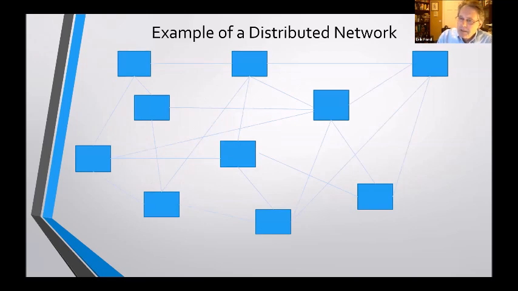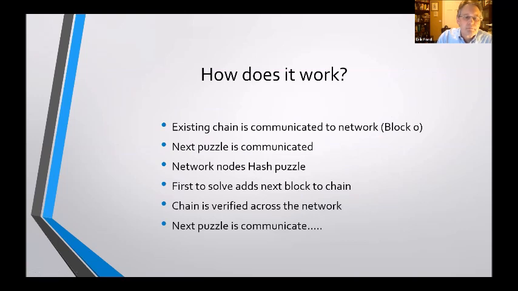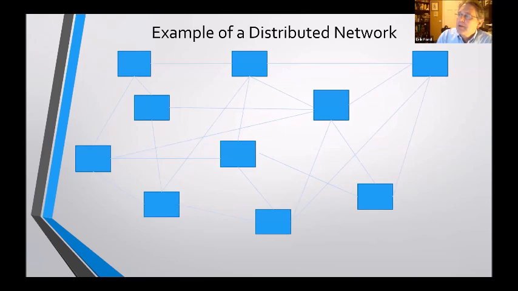So this is my fine diagram of a distributed network. Each of the blue boxes represents a computer on a network. Anyway, you've got a series of boxes on the network, the nodes.